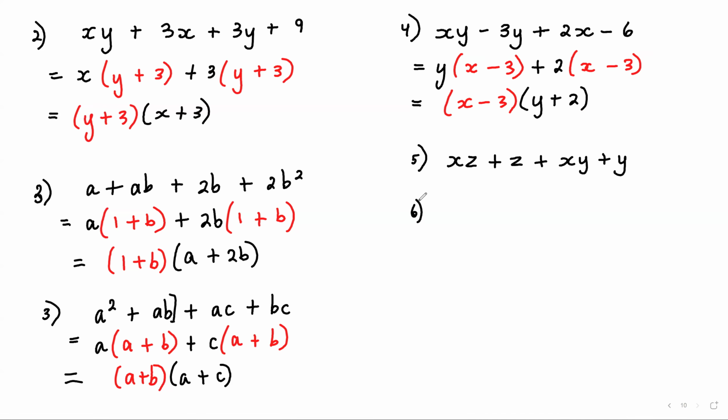The second one, you're doing xy plus 4x plus 2y plus 8. Then ac plus 4a plus bc plus 4b. Please pay attention to your signs.